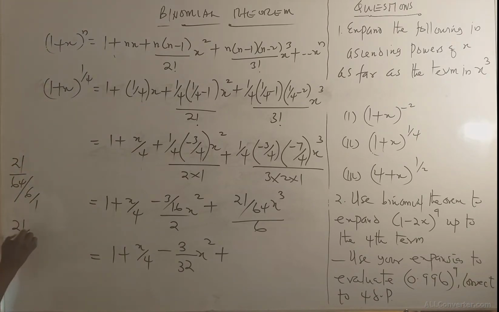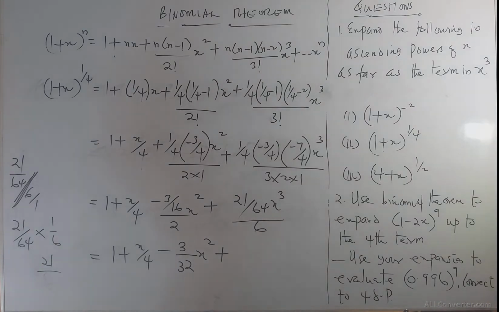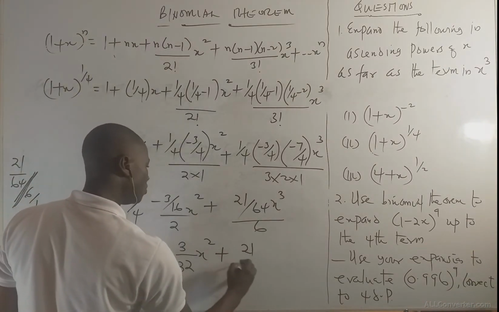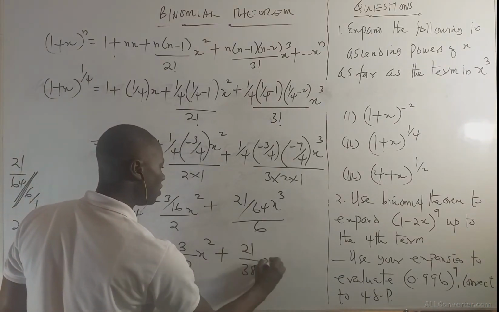So this one will be 21 over 64 times, because when the division sign changes to multiplication, 1 goes up and the 6 comes down. So 21 times 1 will give you 21, but 64 times 6, you can do that on your calculator. 64 times 6 will give us 384. So this will be plus 21 over 384 x cubed.